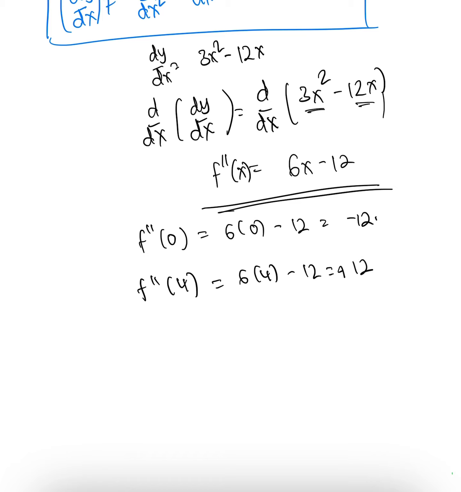positive. Now, what you need to remember here, and you can prove this, and please let me know in the comments if you want me to show proof of this, is that when d squared y over dx squared is less than 0, i.e. negative, then this is a maximum stationary point.